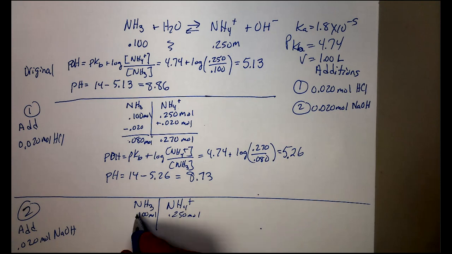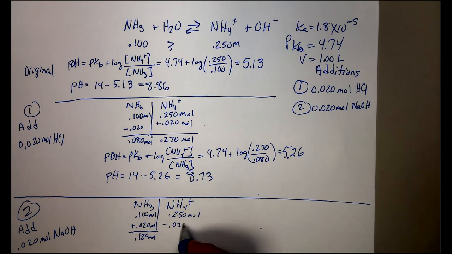So adding a base is going to consume ammonium and produce ammonia. So 0.020 moles. So that's going to be 0.120 moles. But this will be minus 0.020 moles, or 0.230 moles.